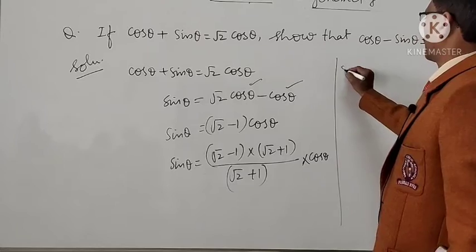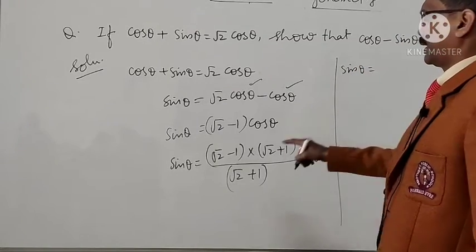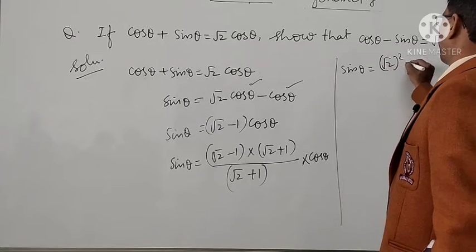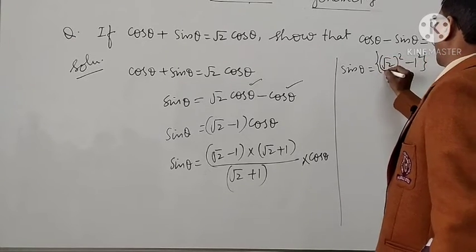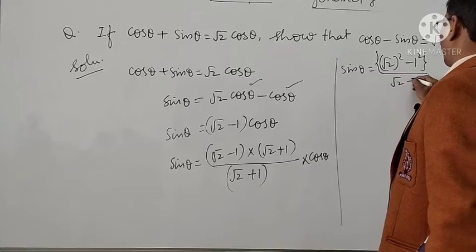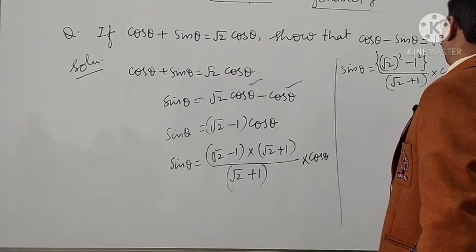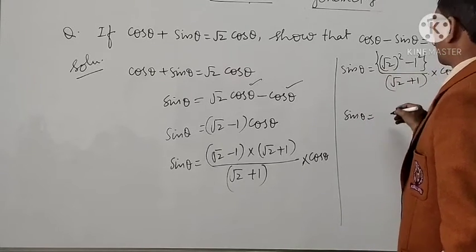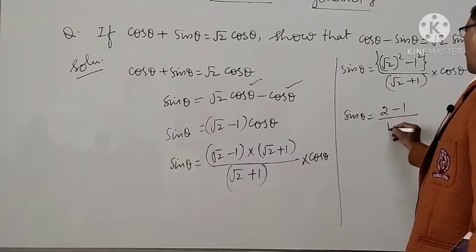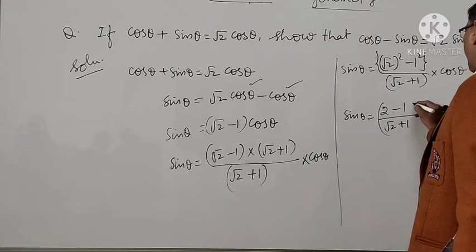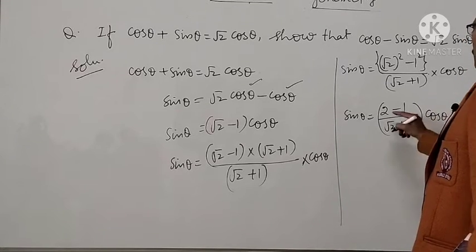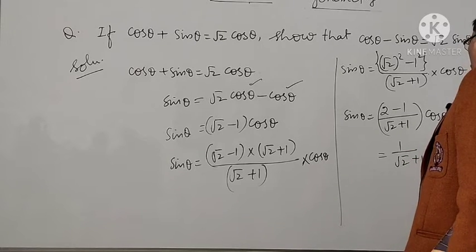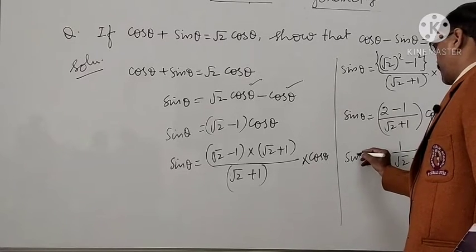Then sin theta equals a minus b into a plus b, that is root 2 square minus 1 square upon root 2 plus 1 into cos theta. Root 2 square is 2, so 2 minus 1 upon root 2 plus 1 into cos theta. 2 minus 1 is 1, so sin theta equals 1 upon root 2 plus 1 into cos theta.